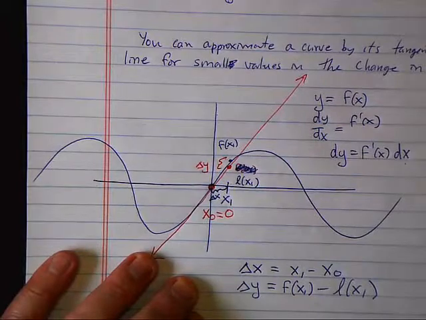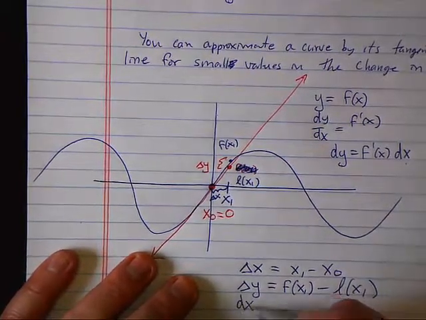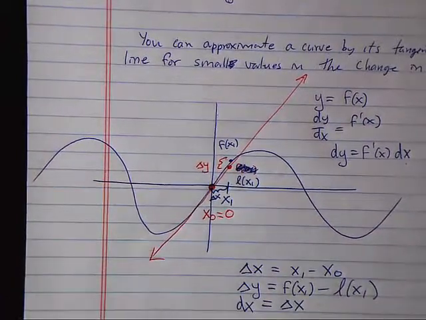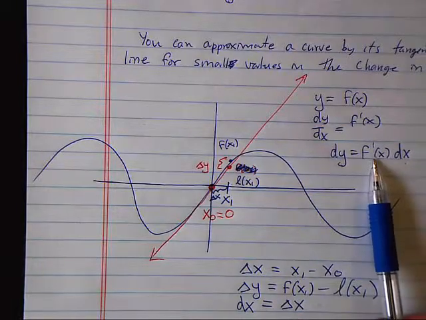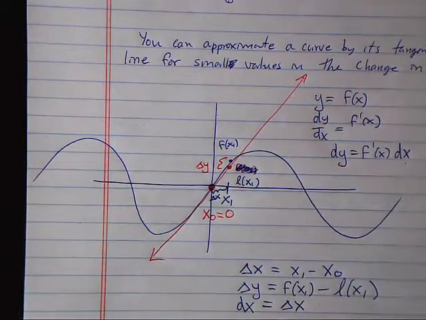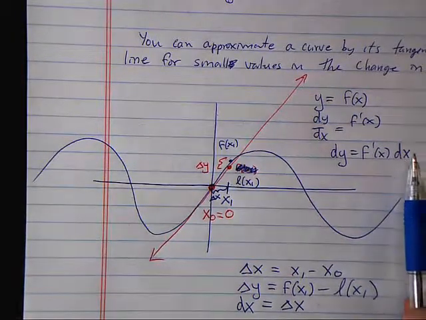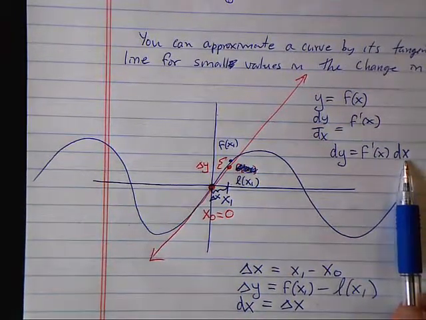What's dx? Change in x. dx is exactly the same as delta x. But now dy is f prime at x dx, when you multiply the derivative and delta x together. You multiply the value of the derivative times the change in x.